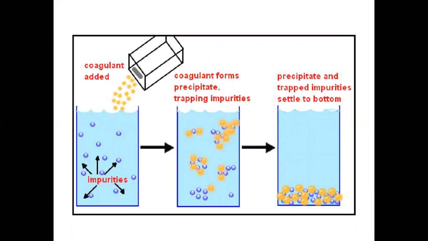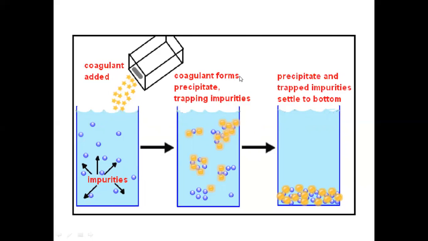So how do coagulants act in a boiler? Take the first picture: this is the water, and these bubbles shown in blue or violet color are the impurities. By adding coagulant, the yellow stars, and mixing the coagulant into the water, the impurities present in the water form a precipitate.